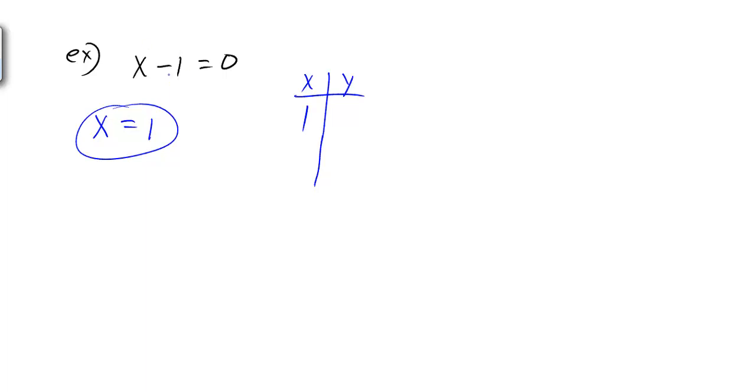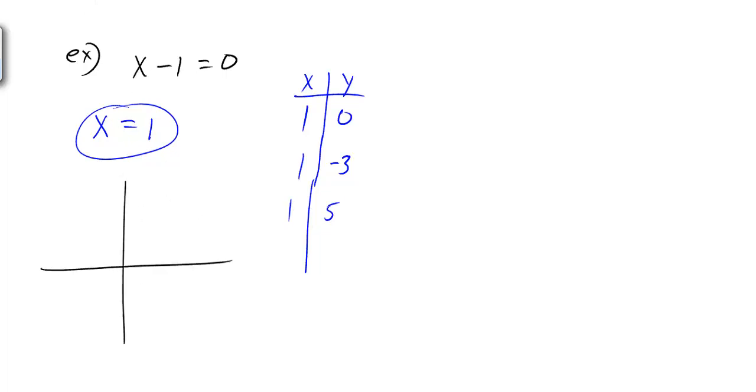So once again, if you notice, there's no y variable in the equation, so that means y could be 0. If y is 0, x is still 1. Well, if y is negative 3, x is still 1. If y is positive 5, x is still 1. And if we think about the graph of x equals 1, that means we're going to go to 1 on the x-axis, and we would have a vertical line.